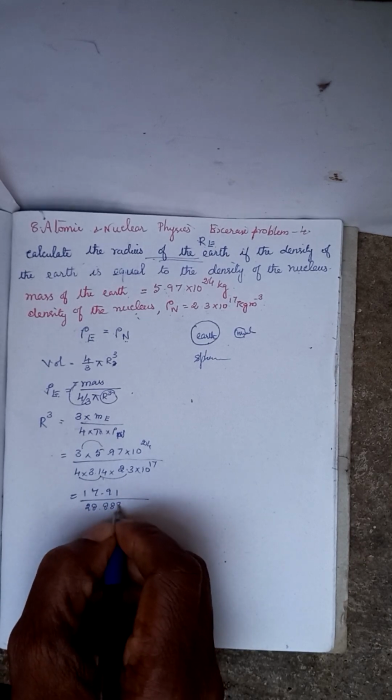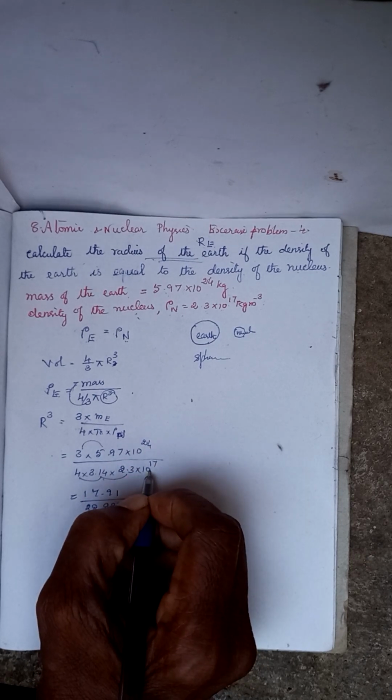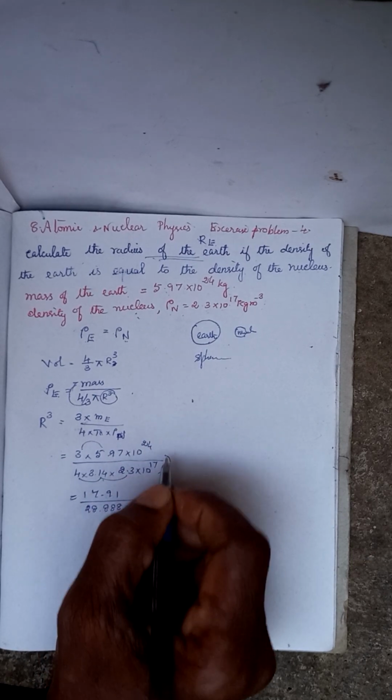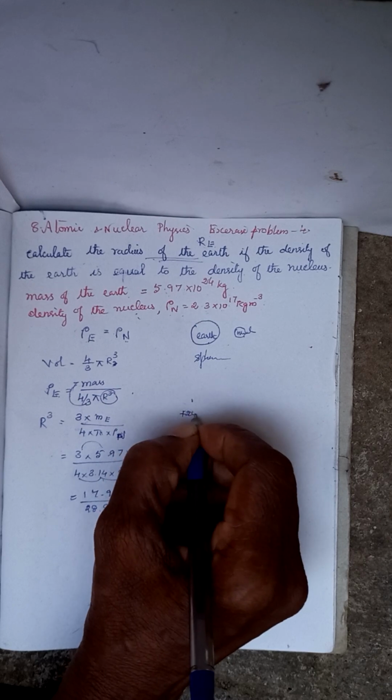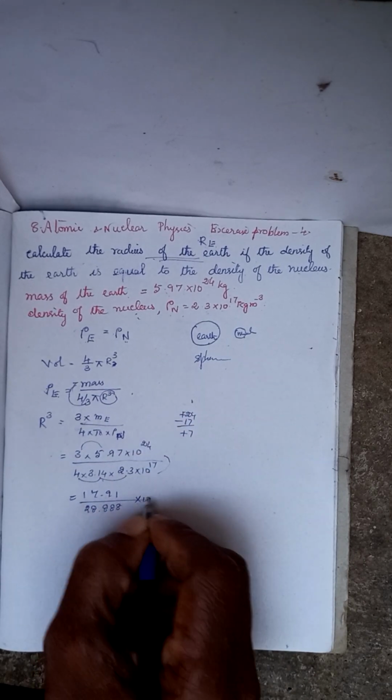Power: 10 raised to 24 goes to numerator, 10 raised to 17 goes to denominator, minus 17 plus 24, so into 10 raised to 7.